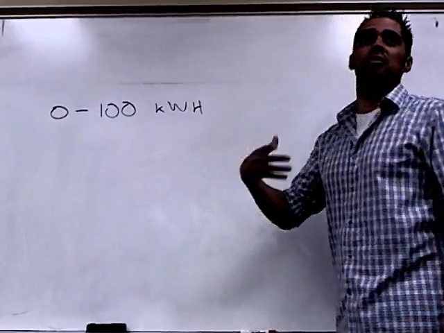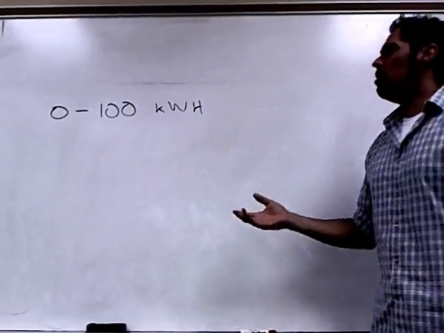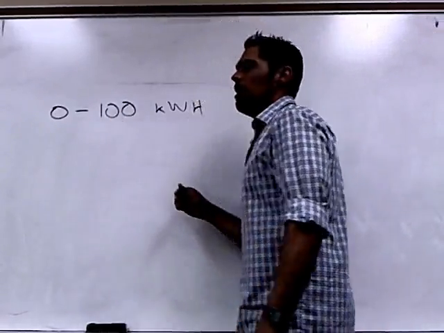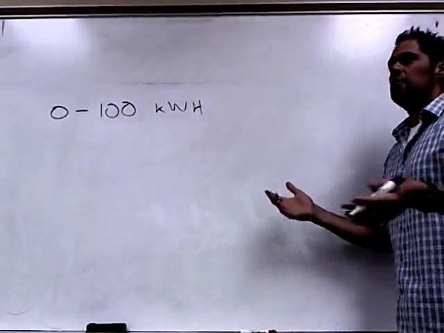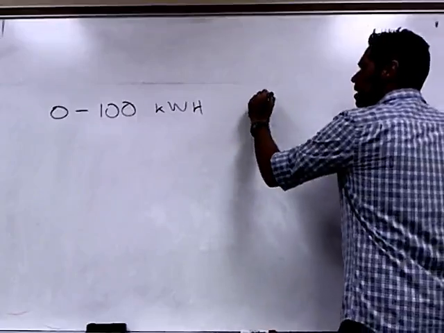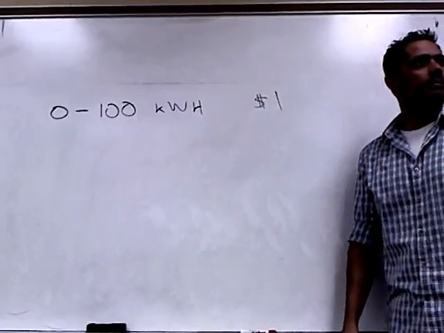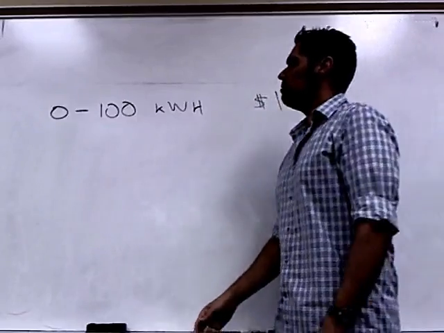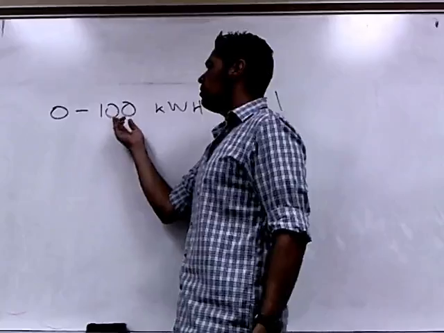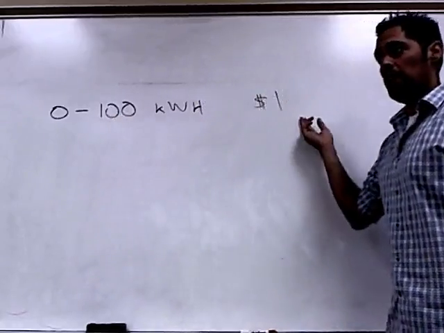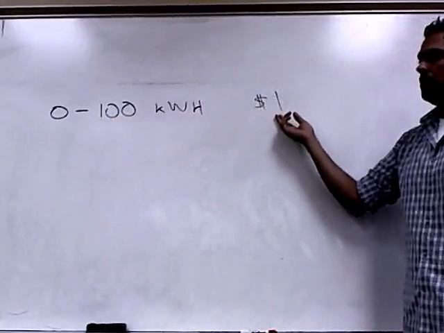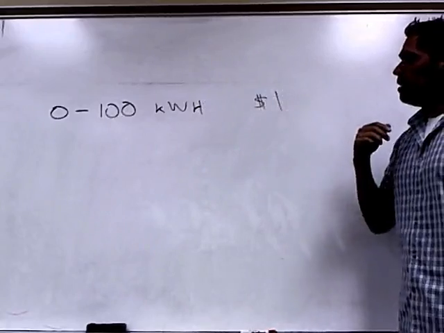That's how they measure how much energy you're using. They say, oh, if you use between 0 and 100 kilowatt hours in a month, we're going to charge you, and again, I'm just making numbers so they're easy, $1 per kilowatt hour, right? So if you use nothing, you pay nothing. If you use 100 kilowatt hours, you pay 100, right?